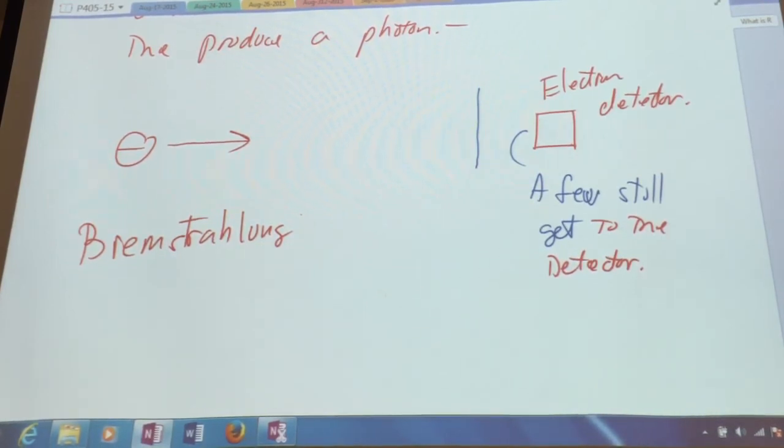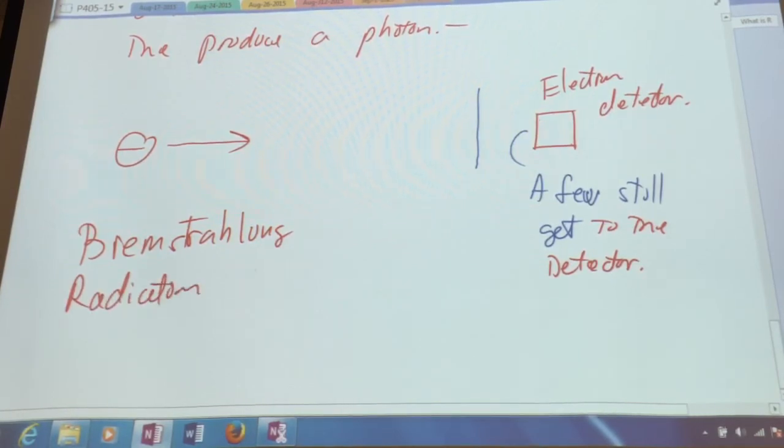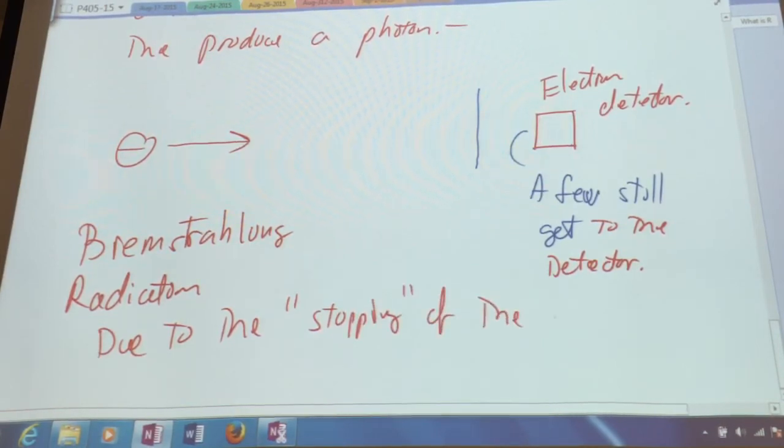And this is called Bremsstrahlung radiation. And that's due to the stopping of the electrons, even though by stopping we know they're not really stopped.